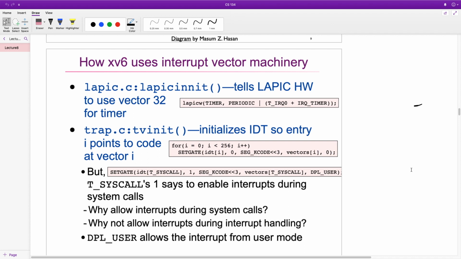And this says, do we want to allow other interrupts while this interrupt is being handled? XV6 says no. The only place we're going to allow other interrupts is during a system call. But for any other interrupt, it has to complete before a new interrupt can come in. What's the SEG_KCODE?